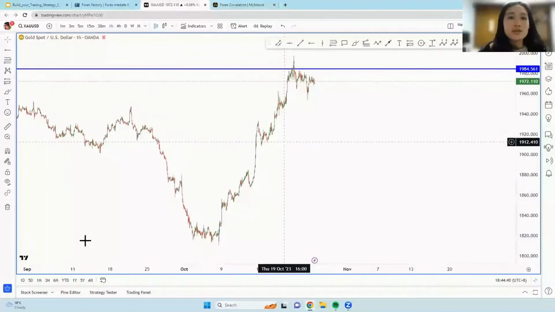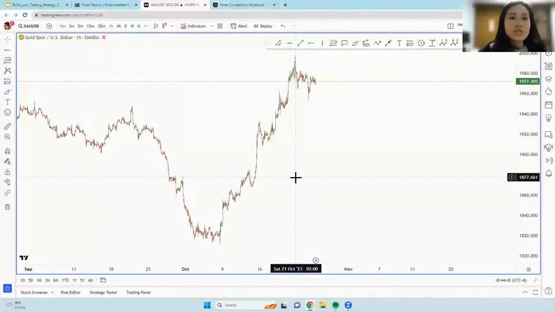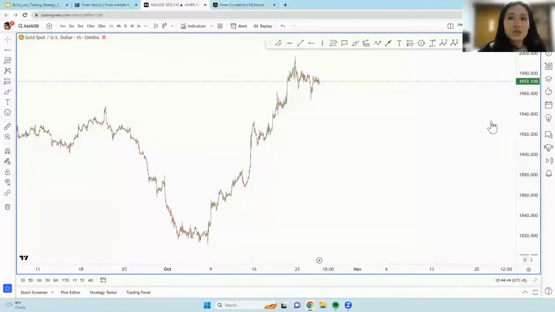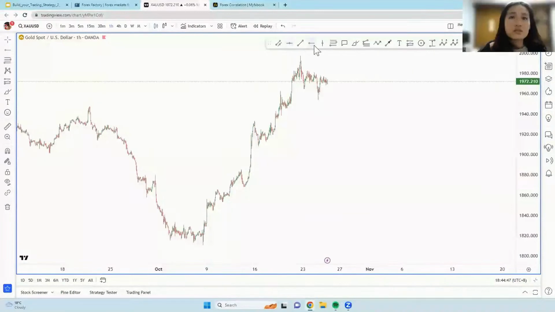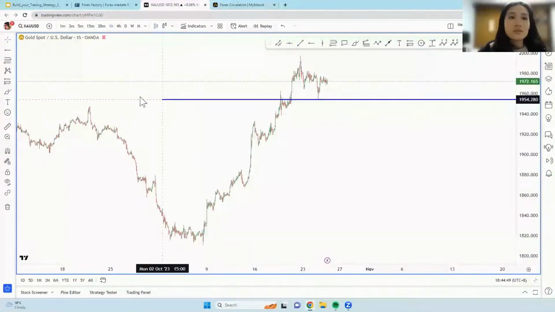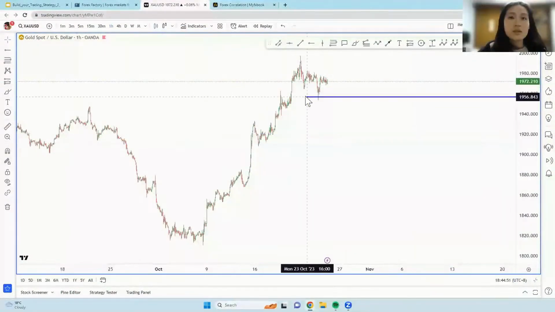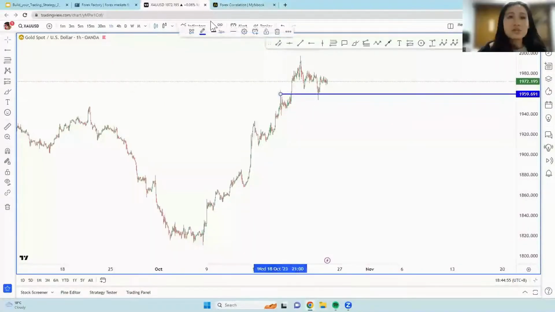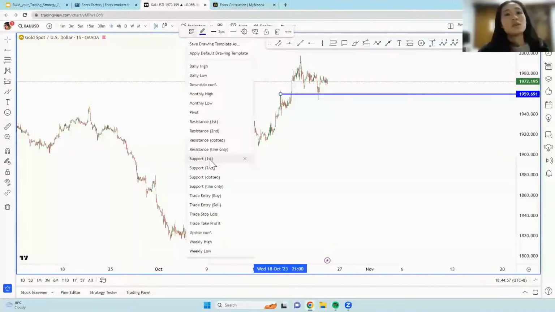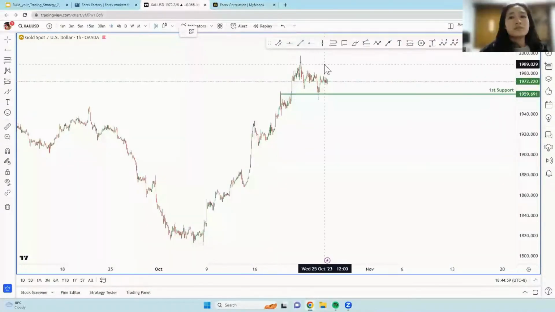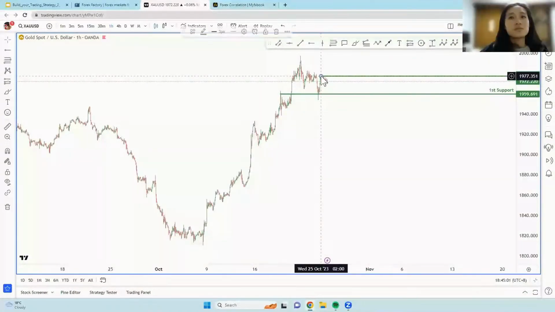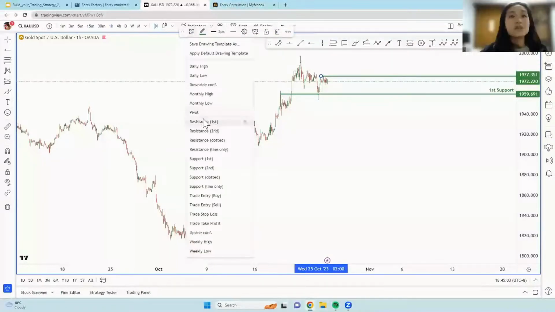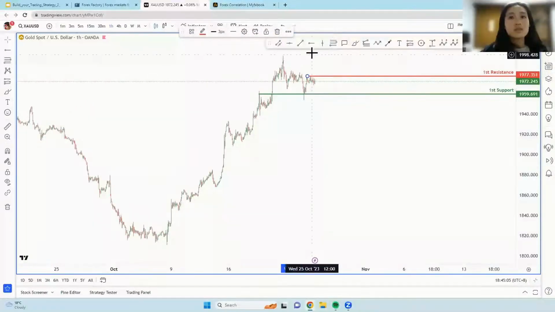Now our 1-hour time frame. So this is where I'm gonna go in and do our analysis. Okay, so I'm just gonna place my first support here. Second support here. Oh, first resistance.